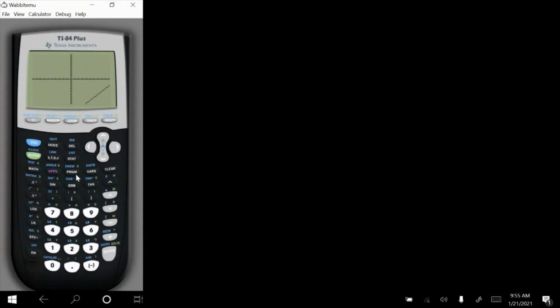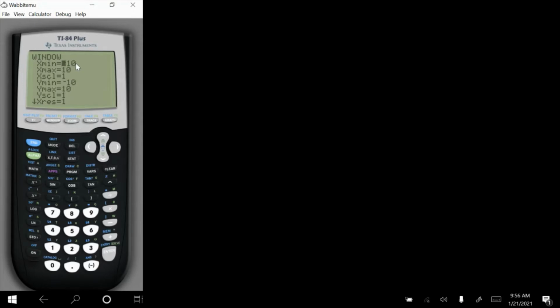Got it. Yep. So to see what the x min, x max, y min, y max, and so forth are, you can press the window button. As soon as you do zoom 6, the calculator adjusts all these values. The tick mark furthest to the left is -10.